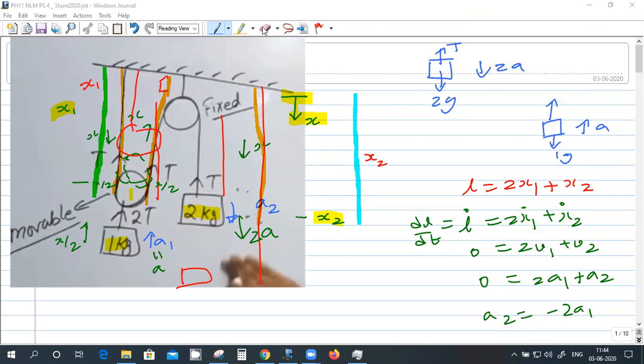This is the free body diagram of the 2 kg block, and this is the free body diagram of the 1 kg. What is the upward force on the 1 kg? Here there is a string, so something is pulling up. That is 2T.